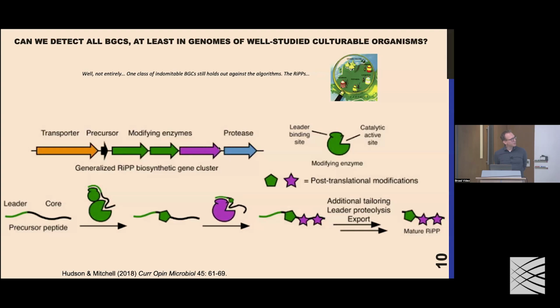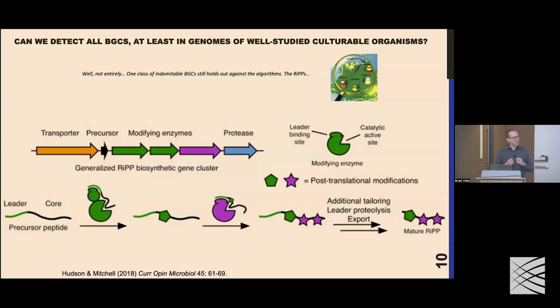So that's the abbreviation. And how these gene clusters are put together is you have this tiny precursor peptide encoding gene, a gene that encodes for the production of a small peptide. Then you have some transporter, often to transport it out of the cell, and some modifying enzymes, but they could actually be anything. That makes them really diverse.